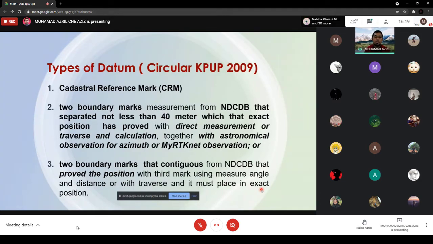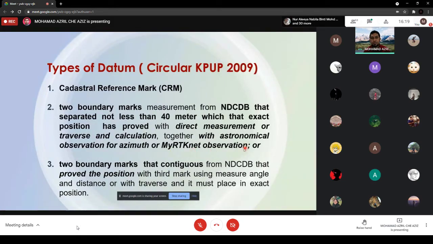The first one is the cadastral referral mark. You can open page 54, 55. This is new since the 2009 circular. The second one is two boundary marks measured from the NDCDB, separated by not less than 40 meters, with exact positions proved by direct measurement or traverse and calculation, together with astronomical observation for azimuth.